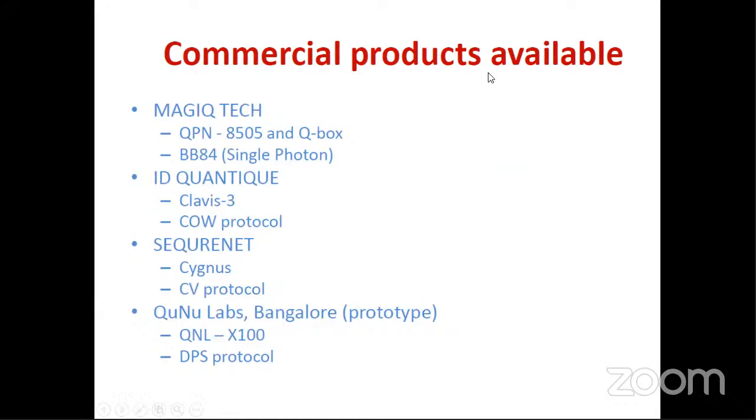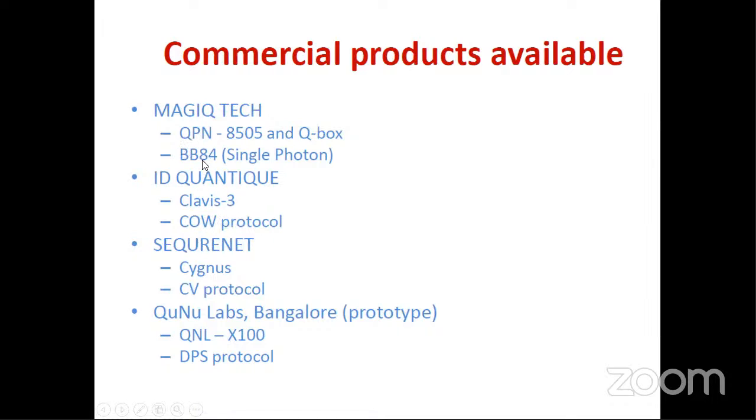There are also commercial QKD products available. It is not like quantum computers, where only small-scale ones are available. For QKD, there are products from different companies, and these are the company names and these are the product names. The first is the product name, and the second is the protocol used. There is a famous company called ID Quantique, which has the Clavis 3 device, and they use the COW protocol.